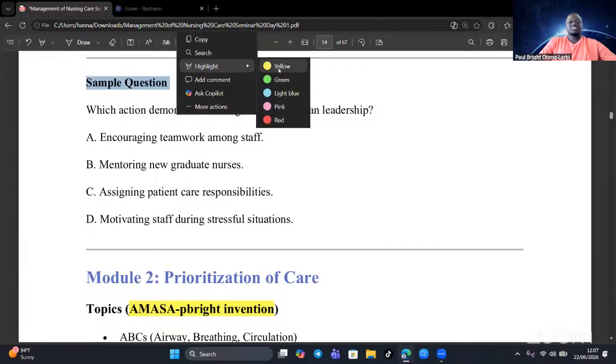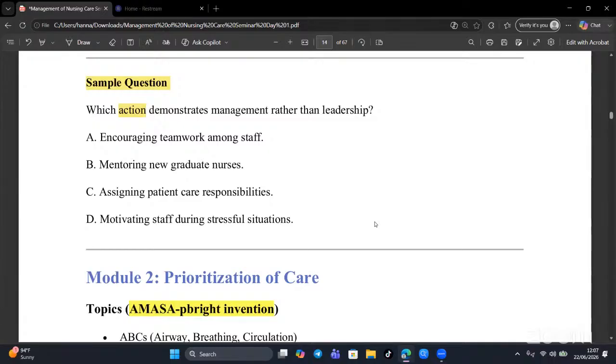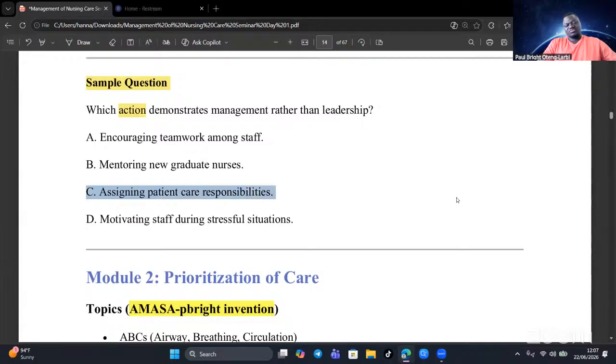Which nursing action? When you see action in nursing exams, it means nursing action. Which nursing action demonstrates management? C, assign patient care responsibility. Somebody is choosing this one. Why?